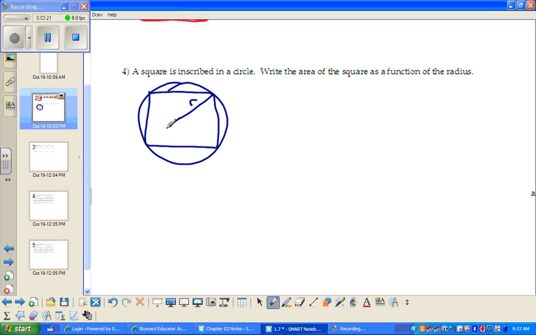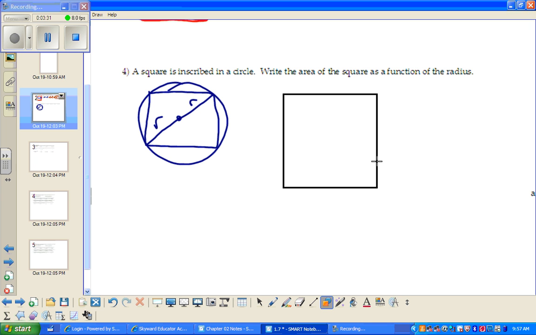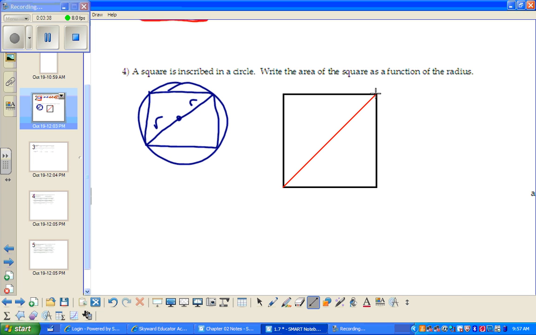That's a radius. That's another radius. So that tells us we're basically dealing with finding the area of a square that has a diagonal length of 2r.